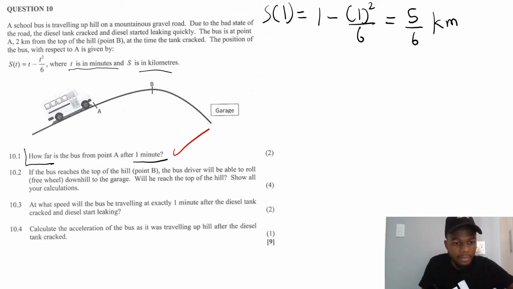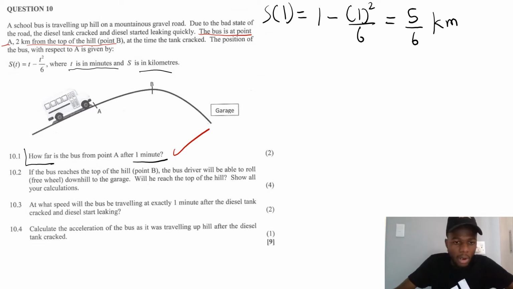The other question says, if the bus reaches the top of the hill, which is point B, the bus driver will be able to roll downhill to the garage. Will he reach the top of the hill? Show all your calculations. Don't forget we've been given this information: the bus is at point A, which is 2 kilometers from the top of the hill, that is point B. So we know the length from where the bus is to the top of the hill is 2 kilometers.